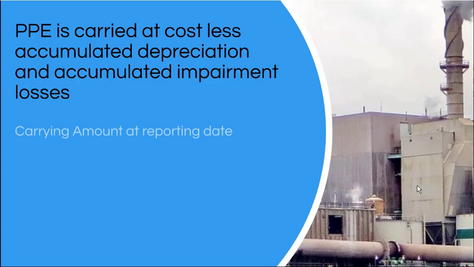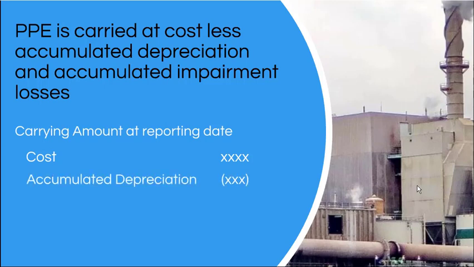So accordingly, we can measure the carrying amount at the reporting date like this. We have already discussed how to recognize the cost and how to measure the cost. This cost minus accumulated depreciation at the reporting date, minus any impairment losses. We will discuss what is meant by impairment losses in a separate chapter.